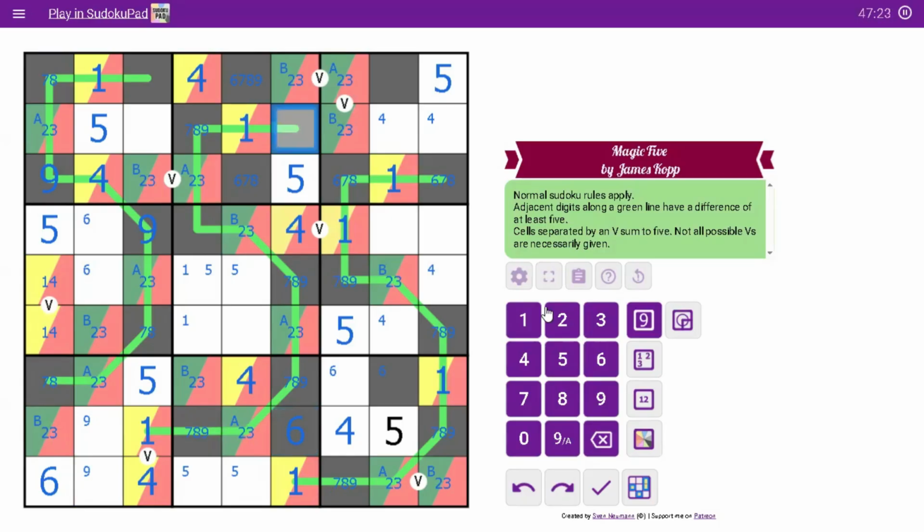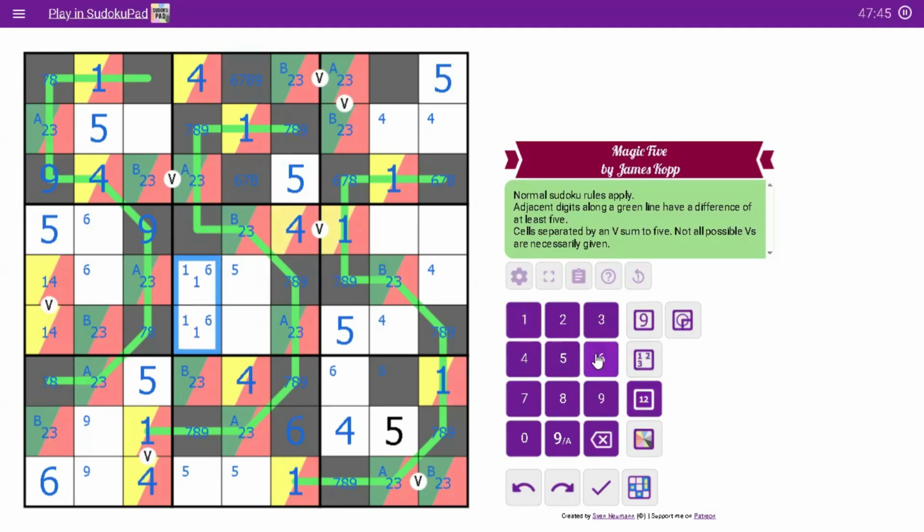Now this is 7, 8, 9. Now one of these two is 6. So the 6 is in one of these two, and so is the 1, right? Yeah, so the 6 is in one of these two. The 1's in one of these two. So you can't have a 5.